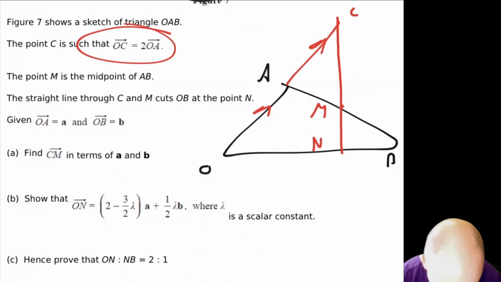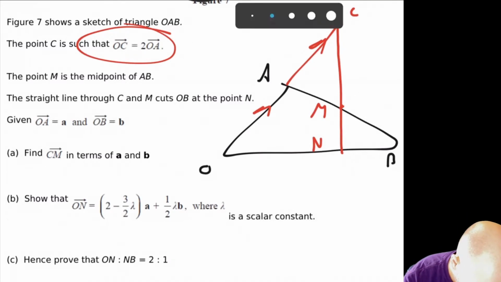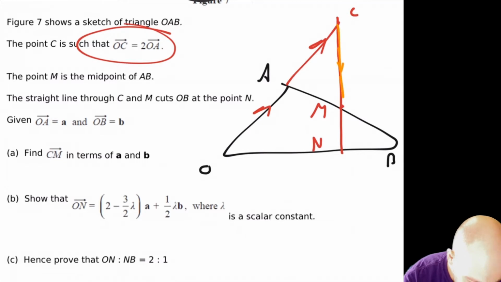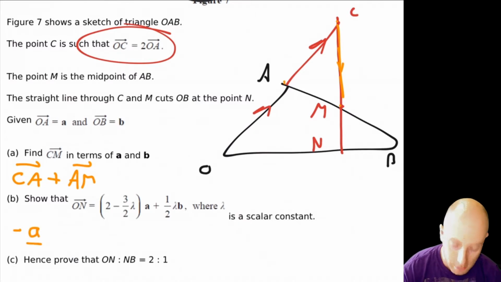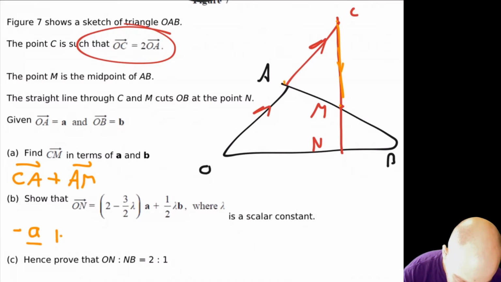So find CM. So C to M, which is this bit here. We can go C back to A and then A to M. So we're going to go CA plus AM. CA is minus A. Then AM is going to be half of AB.